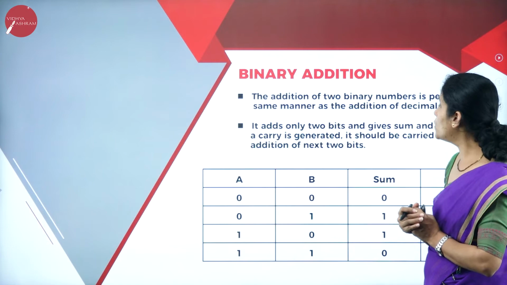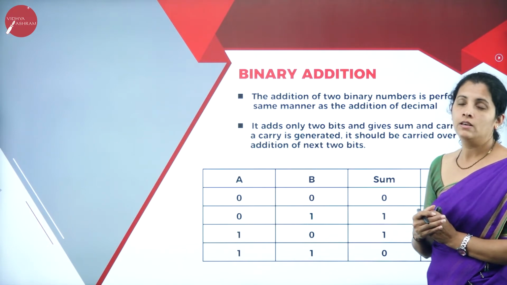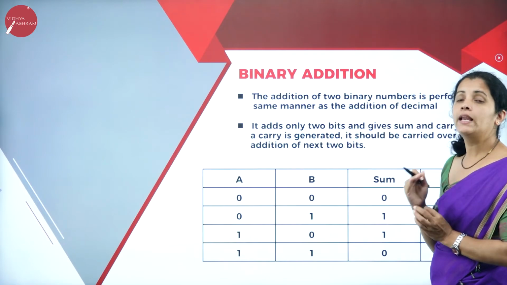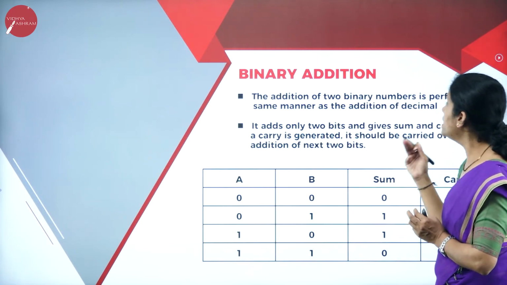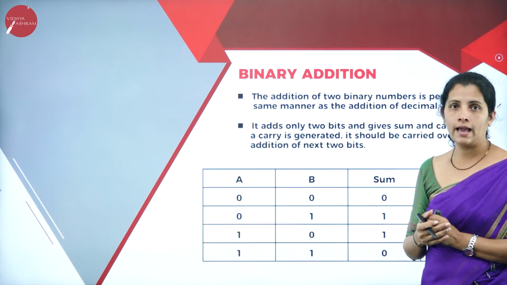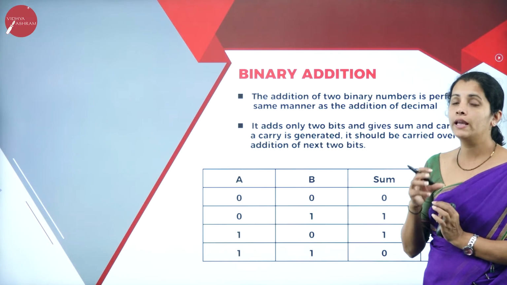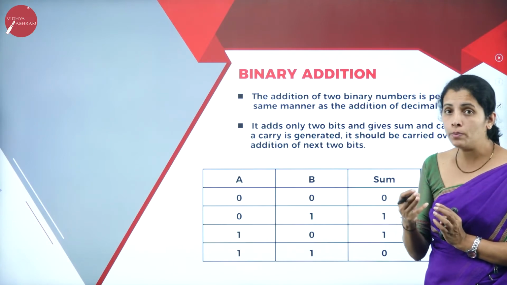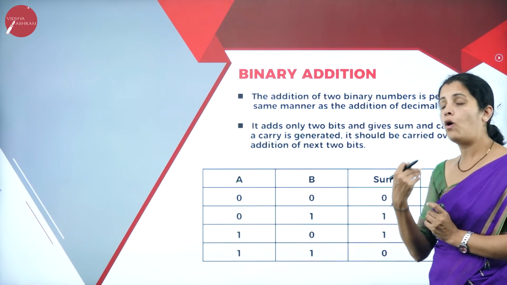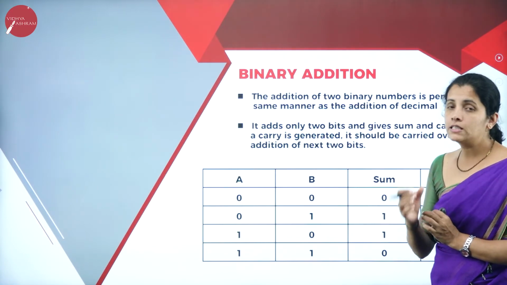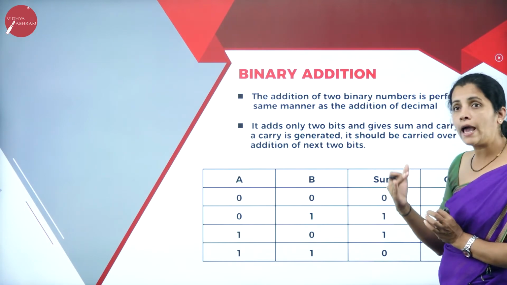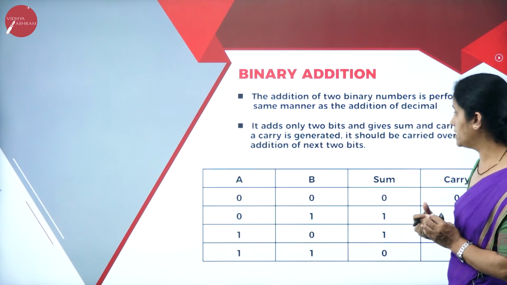Using binary addition, we can add only 2 bits at a time and get a sum and carry. If any carry is generated, it is carried over to the next bit.